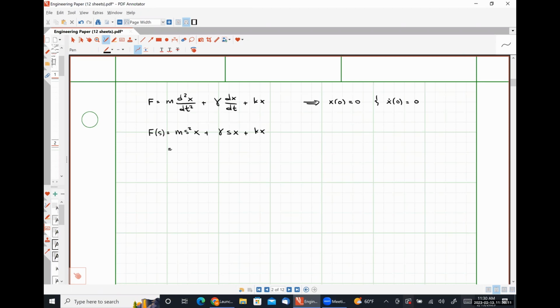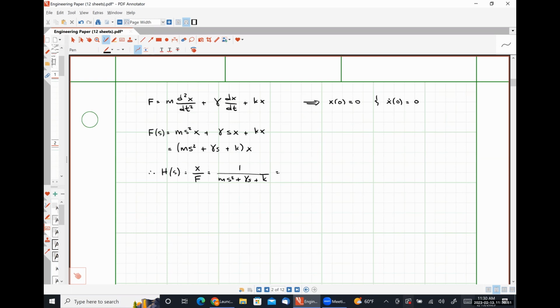We could write this as (ms squared plus gamma s plus k) times x, which allows us to write a transfer function for our system. H of s will be the ratio of the displacement to the force, which is simply 1 over that second order polynomial, ms squared plus gamma s plus k.